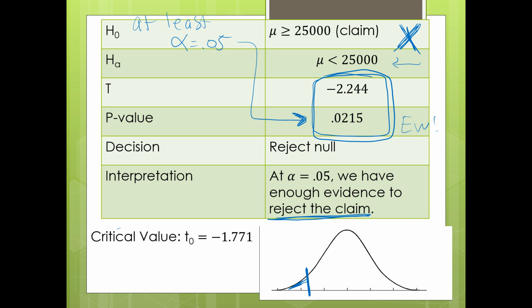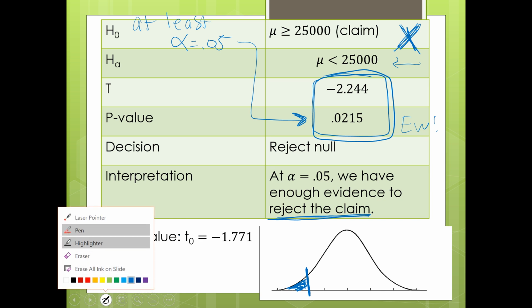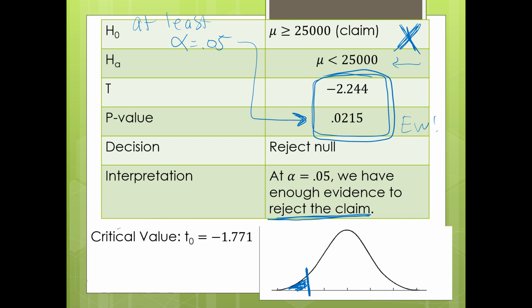That means anything less than that would be in our rejection region. And our t-score was negative 2.244, which puts us right around here. So that also leads to a rejection. Now again, your conclusion from this, your critical value, must also match your conclusion that you made with your p-value. So we're all good there.